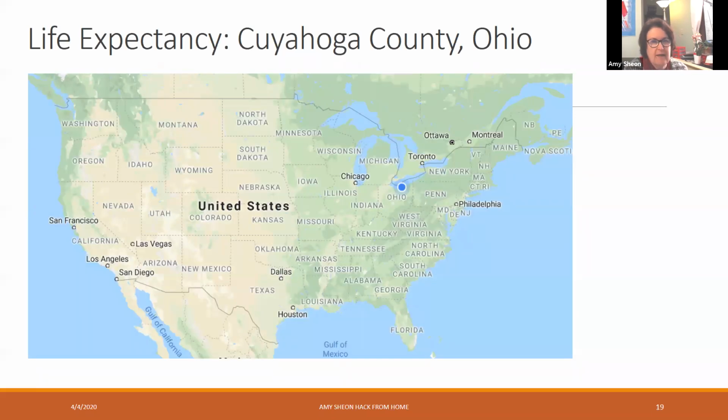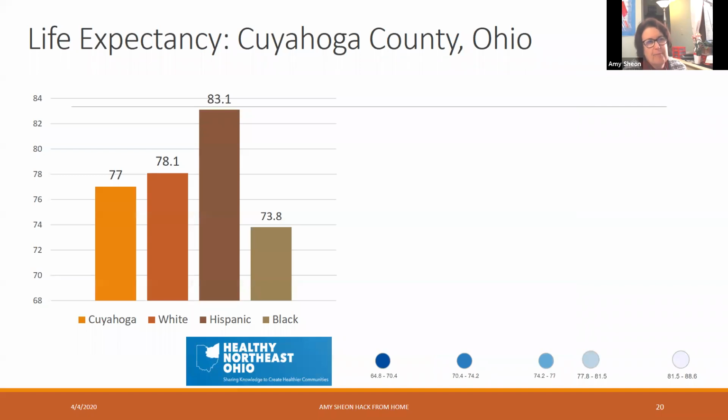The first one is the concept of health disparities and health equity. And I'm going to use a case from Cuyahoga County, Cleveland, Ohio, which is where I live here in the US, looking at overall life expectancy, COVID notwithstanding. What you can see is an enormous disparity between the life expectancy of Blacks, which is 74 years, whites 78, and Hispanics 83.